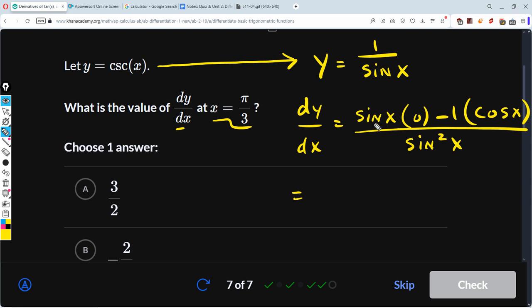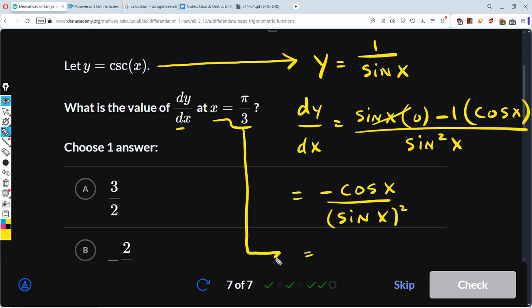All right, sine times 0 is 0. Negative 1 times cosine is going to be negative cosine. And that's over sine squared of x. You can rewrite that as sine of x quantity squared. And now we're going to sub in pi over 3.